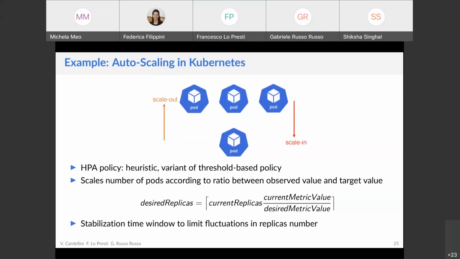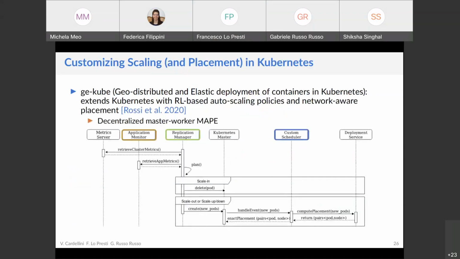And in particular, we have customized the scaling and also the placement of Kubernetes in a framework that we have called Gcube, which is an extension of Kubernetes, where we have introduced auto-scaling policies based on reinforcement learning.